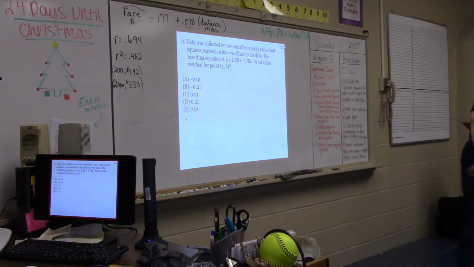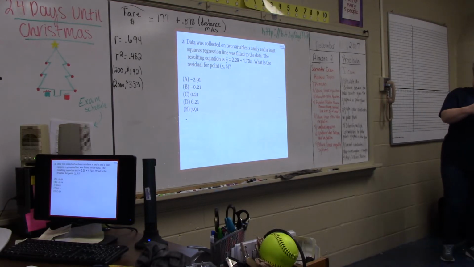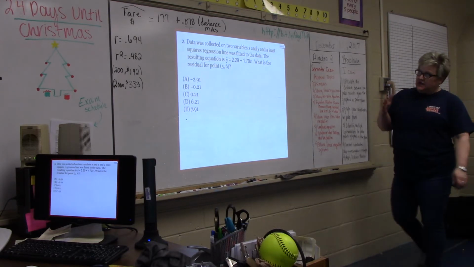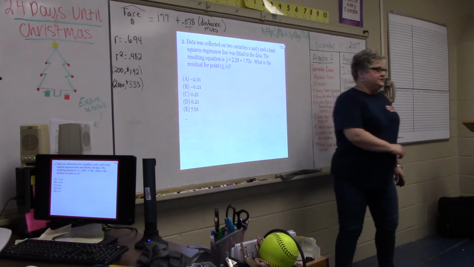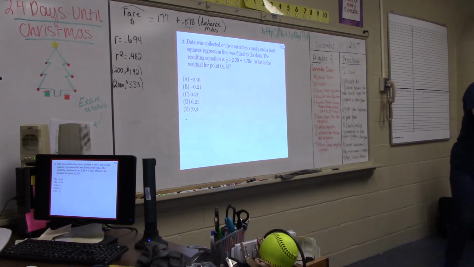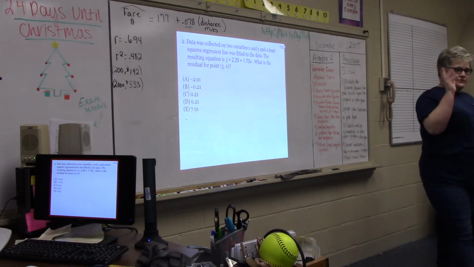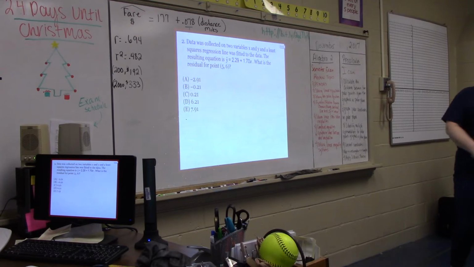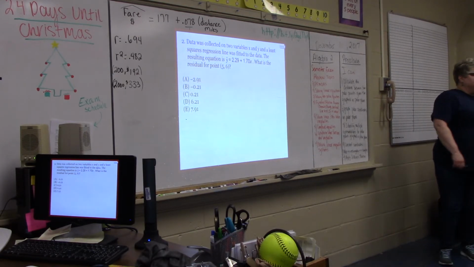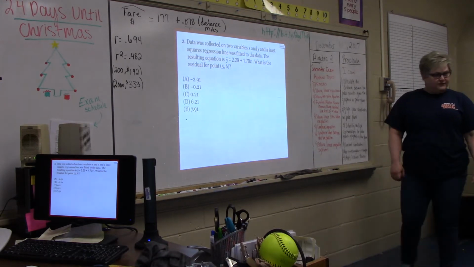You're going to have to calculate y hat, which means you're going to have to plug 5 into that equation and get y hat. And then you will have to use your residual formula: y minus y hat. Now, there's a lot of work in that multiple choice question, but that's what you're going to see on the AP test. It's not just going to be straightforward.